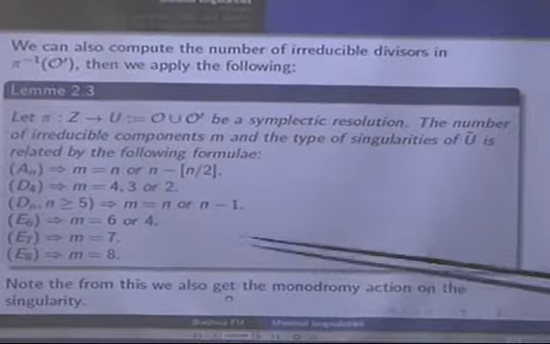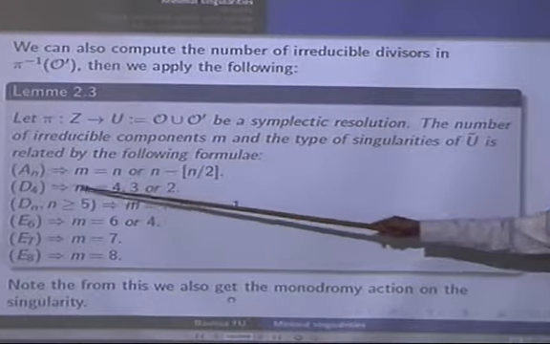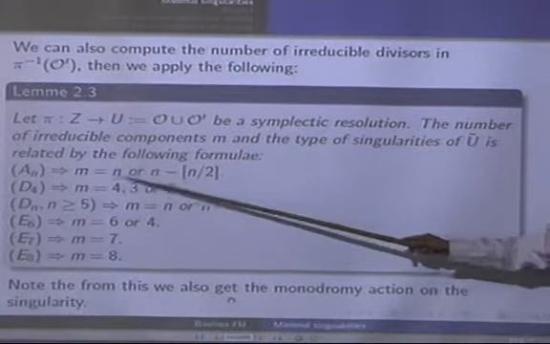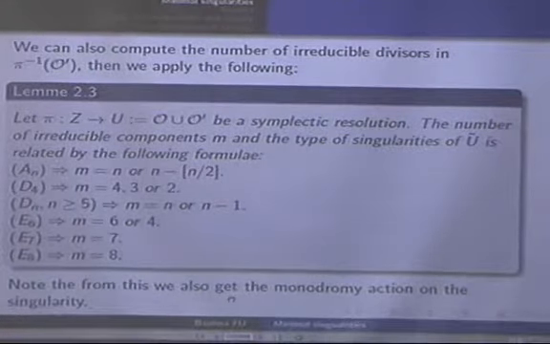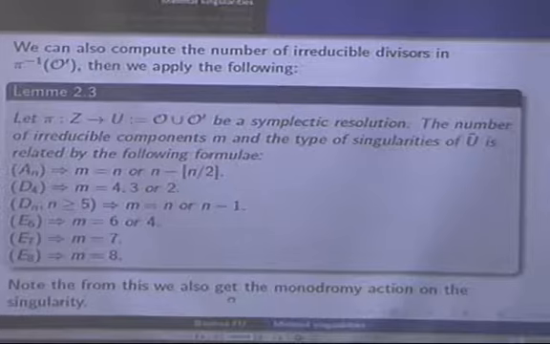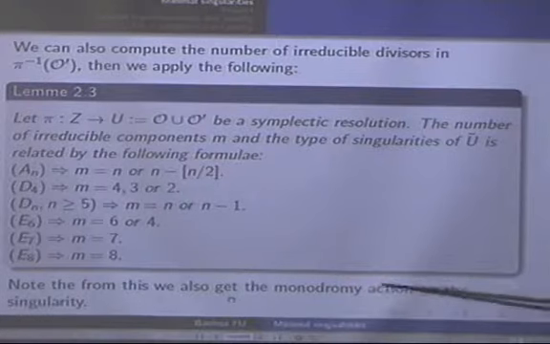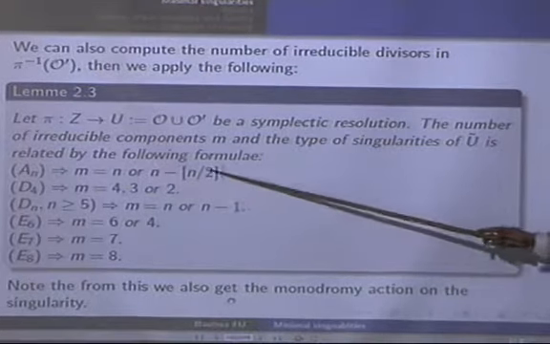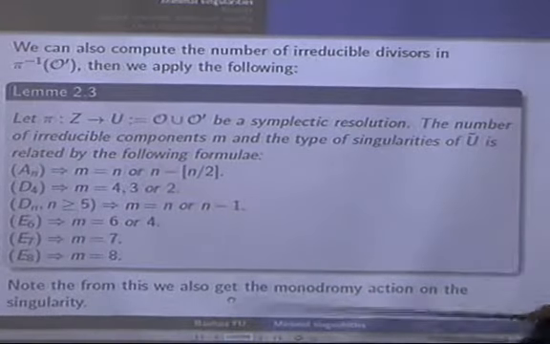For example, there are some types, like D4 and A4, where sometimes it's difficult to distinguish, because they both have two irreducible components and also 4 P1s over the fiber. In this case, we need to compute the intersections of these P1s using some representation theory. And this also gets the monodromy action on the singularity, because for example you have the action of S2, and this you have the action of S2, and this is S3, and so on.